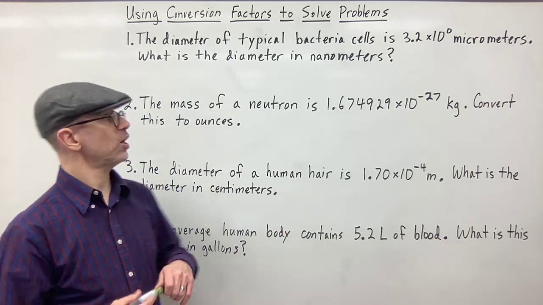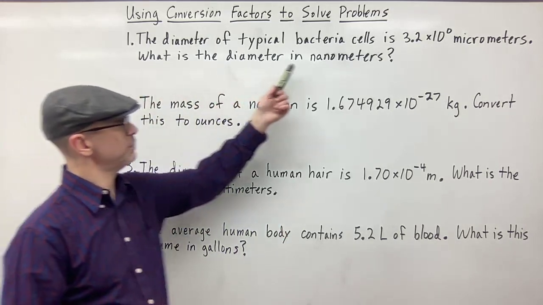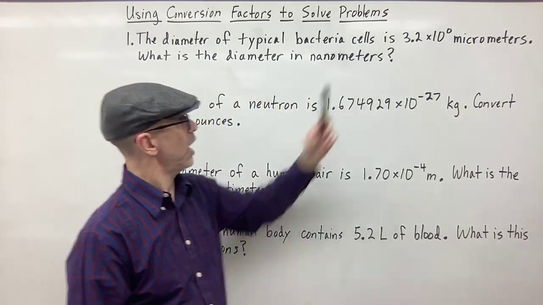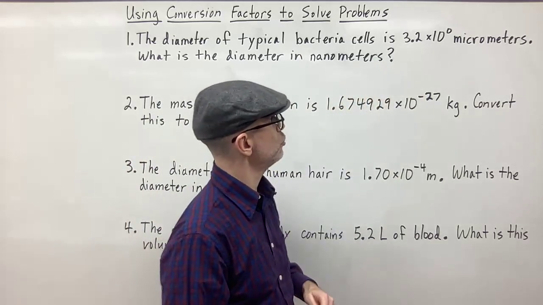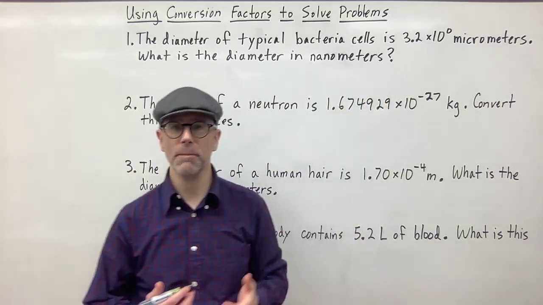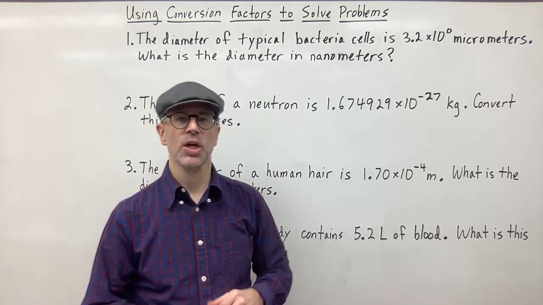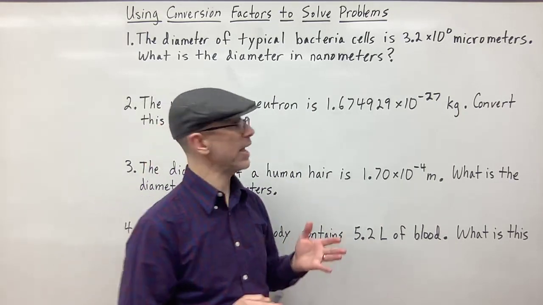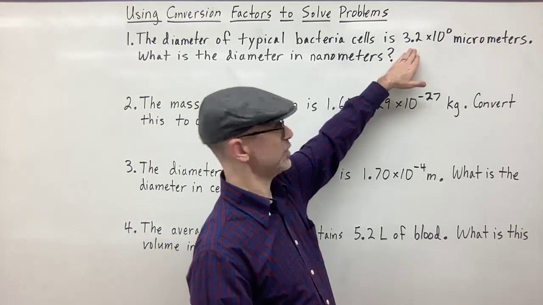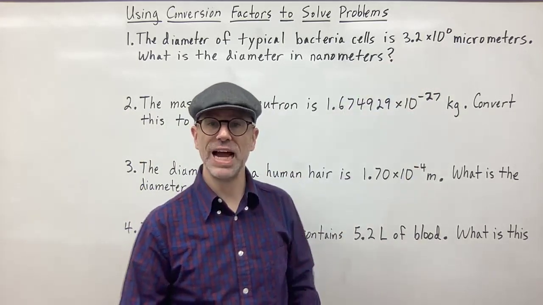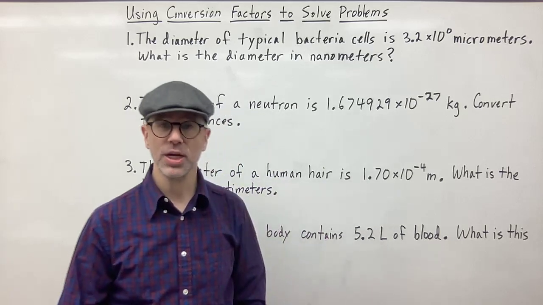Problem number 1: the diameter of a typical bacteria cell is 3.2 times 10 to the 0 micrometers. What is the diameter in nanometers? The first thing I want to point out is the way they've written this in scientific notation, 3.2 times 10 to the 0 micrometers.